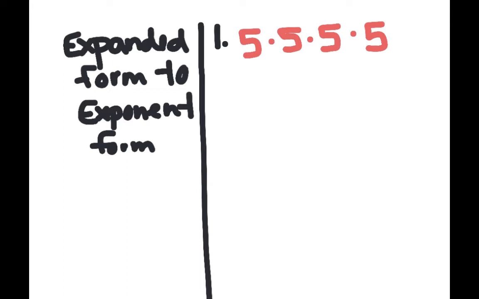Ooh, that's cool. Okay, expanded form. See how this is very long? Yes? So there's expanded form to exponent form. Do you see a number being multiplied multiple times? Yes. How many times is 5 being used as a factor? Or how many times is 5 being multiplied to 5?